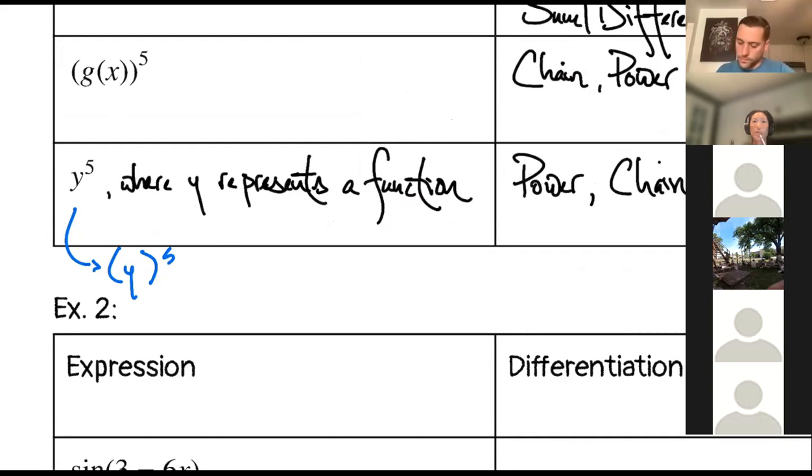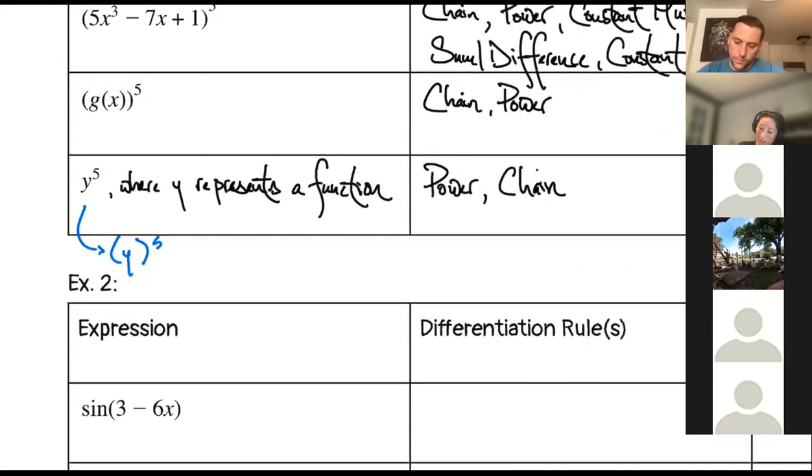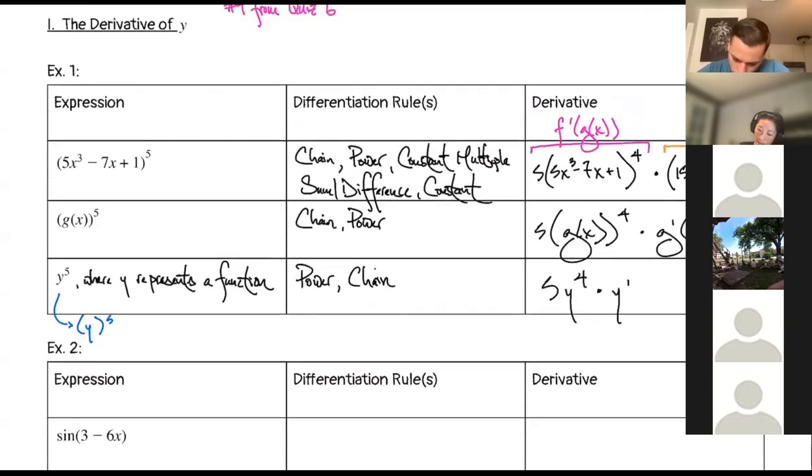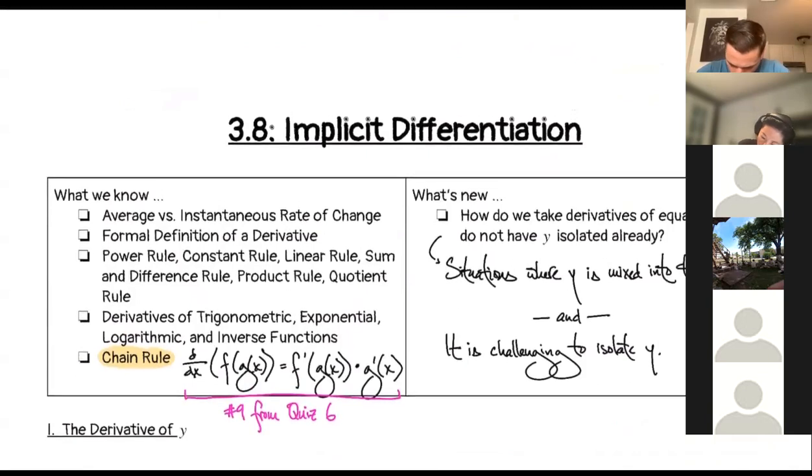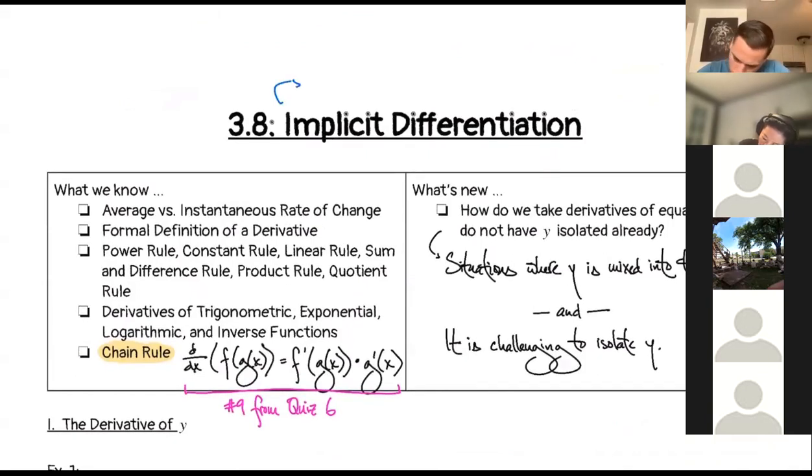And "implicit requires the chain rule" is such a great summary. In fact, let's maybe go back up here and make a note for ourselves that this requires chain rule, okay? Now, I don't want us to think about that in a bad way, like, oh no, we have to use chain rule.